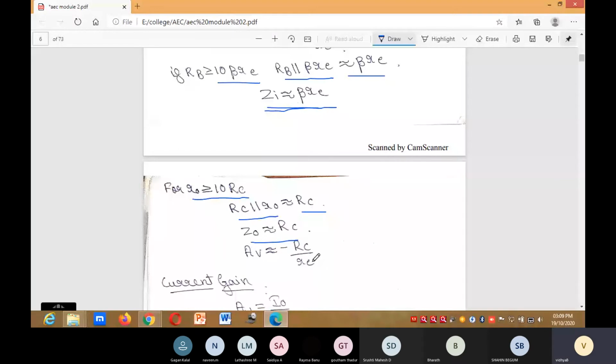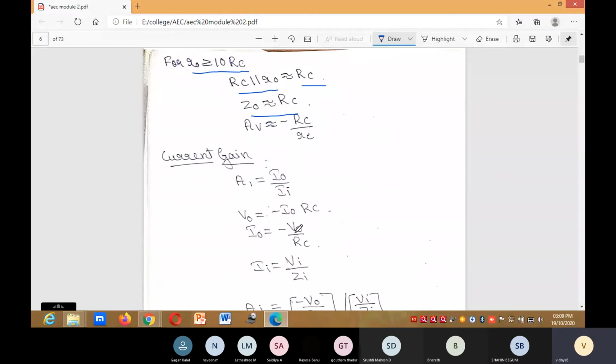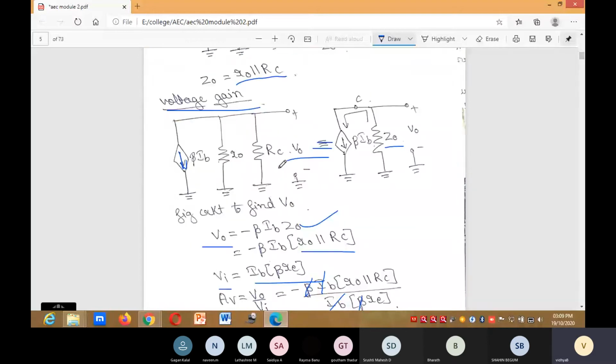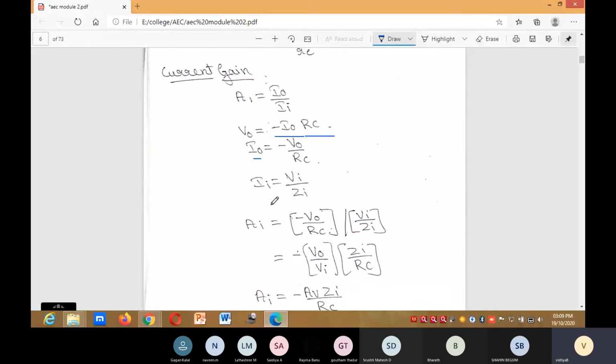Next, current gain. Current gain Ai is equal to Io divided by Ii. Vo is equal to the output voltage, equal to minus Io into Rc, as you can observe in the figure. So Io is equal to minus Vo divided by Rc, and Ii is equal to Vi divided by Zi.